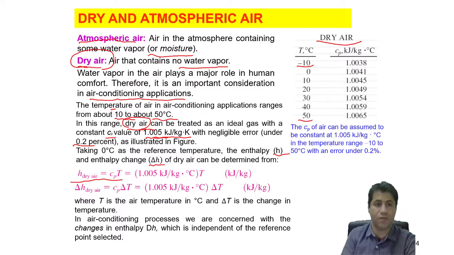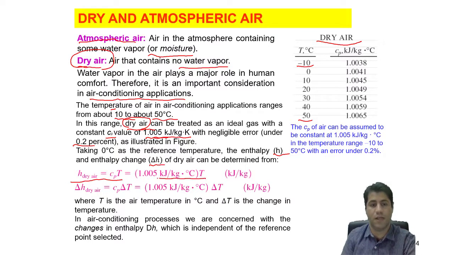And here for dry air, not atmospheric air which contains water, we have an ideal gas in this temperature range, so we can write this equation for its enthalpy. Cp is equal to 1.005.